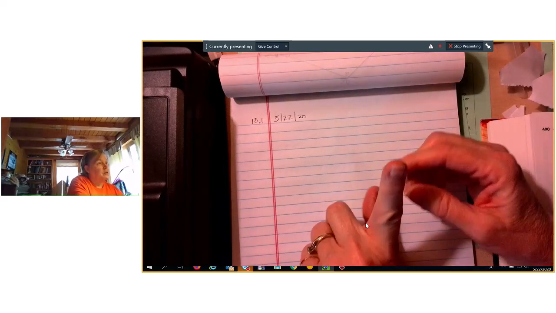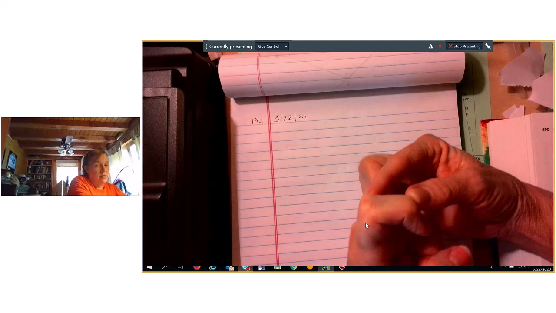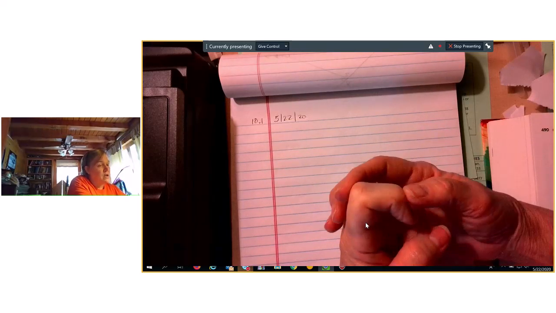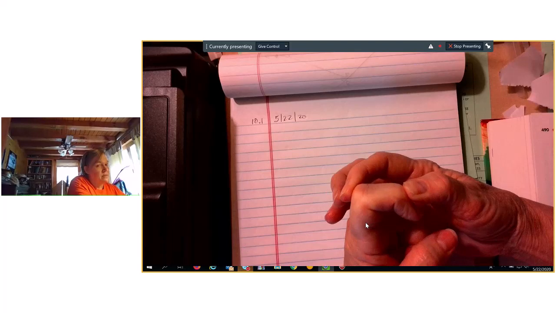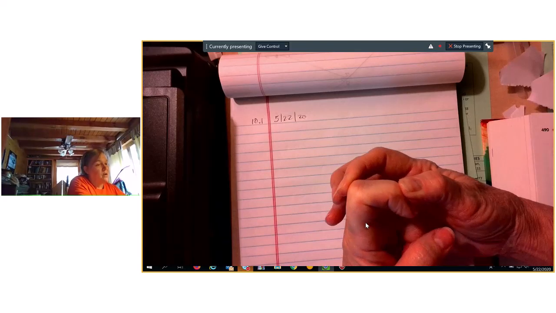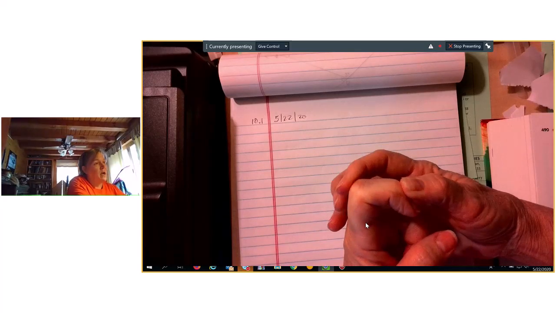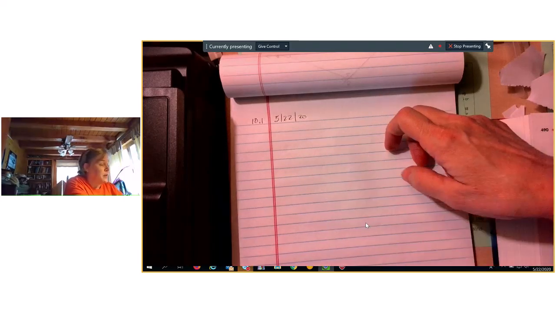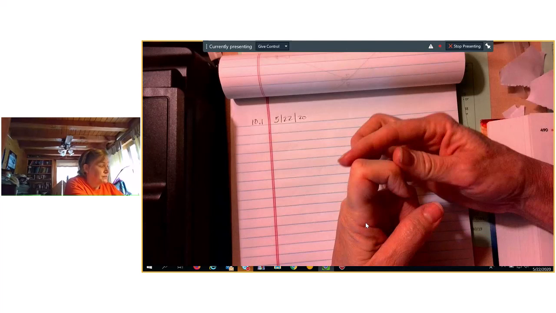If I take a measurement, and I know this because I've done it before, and I measure between these two knuckles, that's approximately an inch. So if I wanted to know about how big something was, and I had that, I could do that. That's approximately an inch.